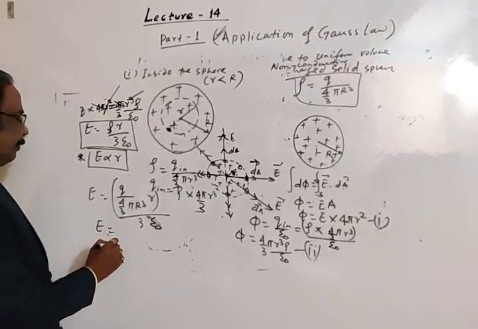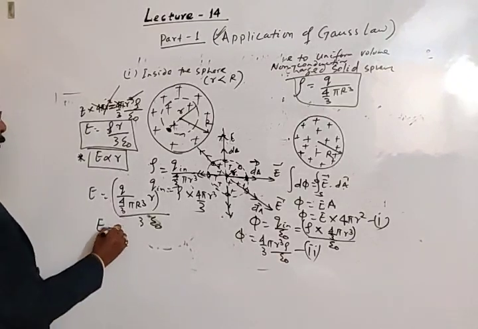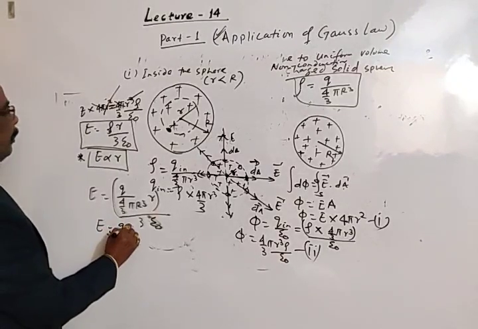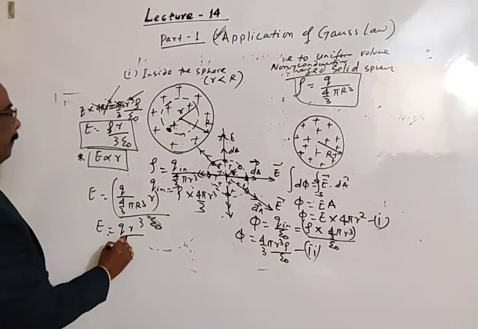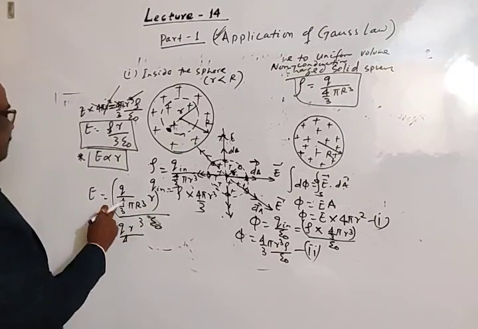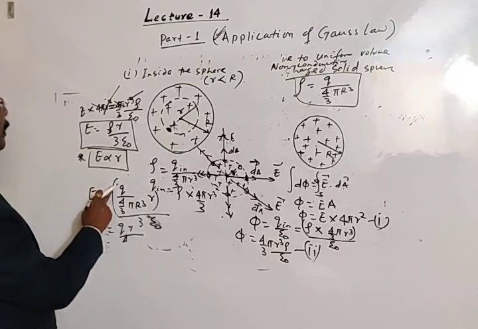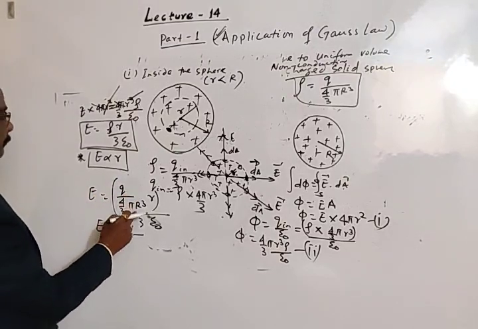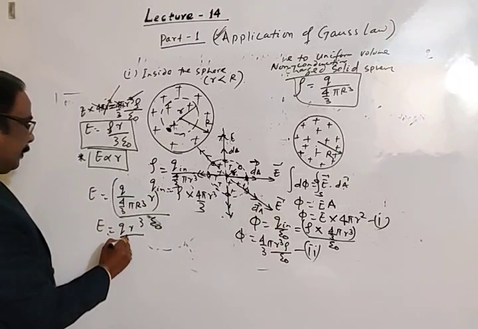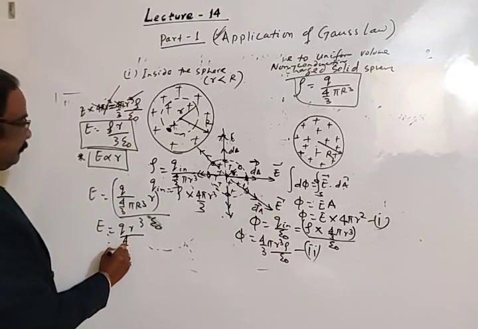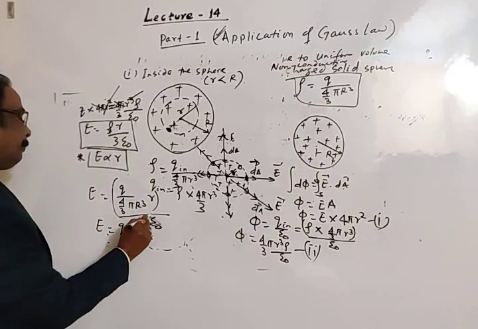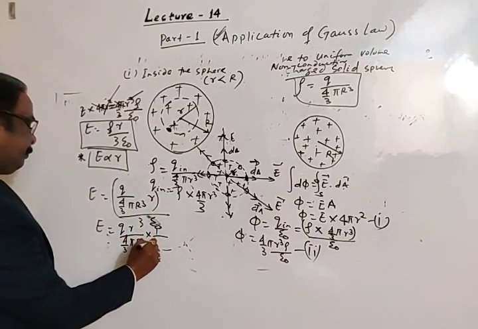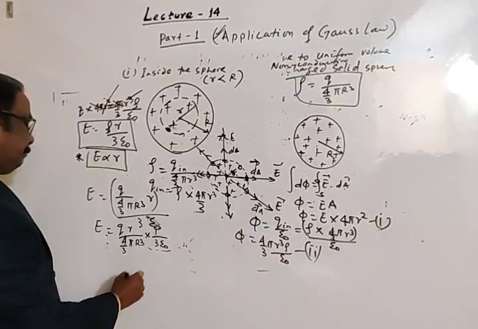Then the electric field is Q r divided by 4/3 π r cube times 3 epsilon naught.